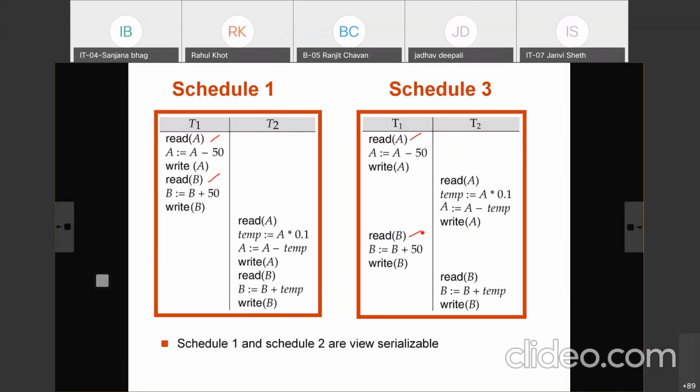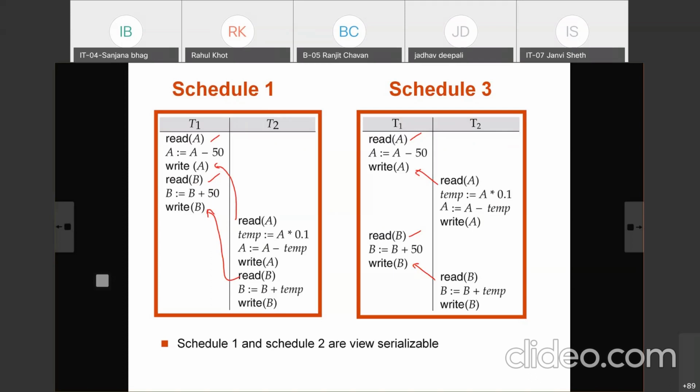What is the second condition? Whether it is satisfied? Here T2 reads the value of A which is written by T1, and T2 reads the value of B which is written by T1. Here also T2 reads the values of A and B which are written by T1. So the second condition is also satisfied.